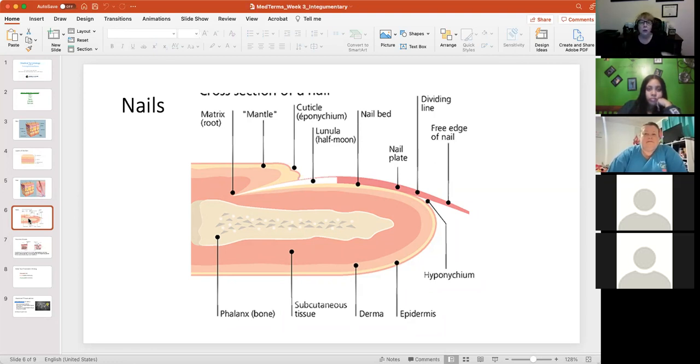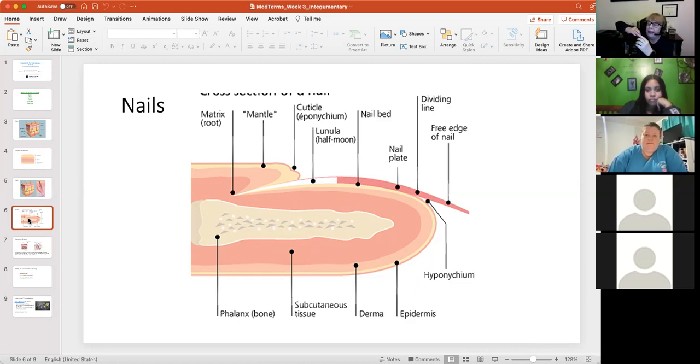All right. So you can see that each part of the nail has a different term. You have the free edge of the nail, which is the white part. Okay. The dividing line, which is exactly that line between the white part and the pink part. The nail plate, which is the pink part all the way to your cuticles.